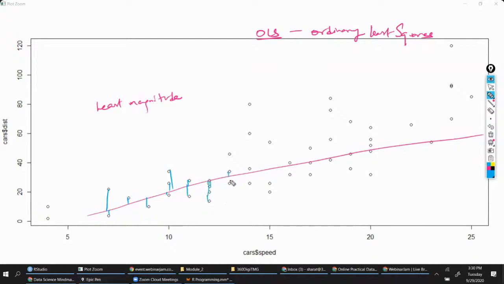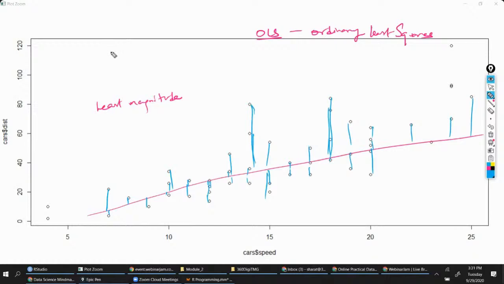We are measuring the deviation of each data point here. They are in the same line, so that's the reason why you are getting overlap values here. But this is how we measure the deviation of each data point from that line.